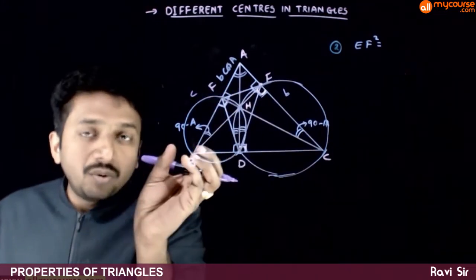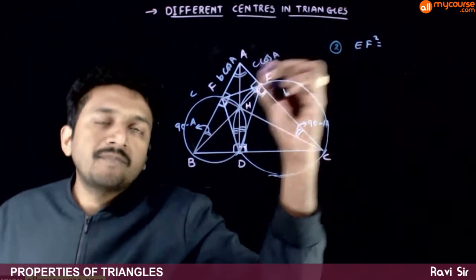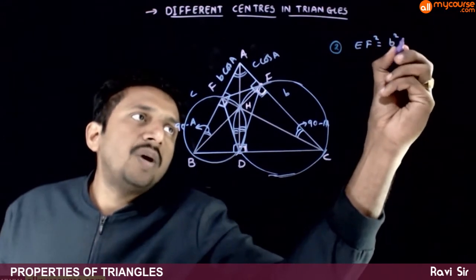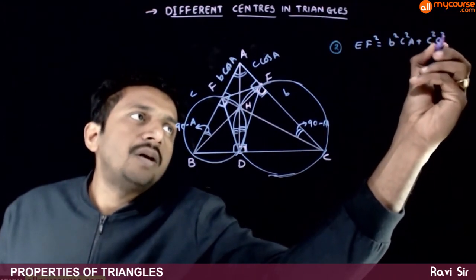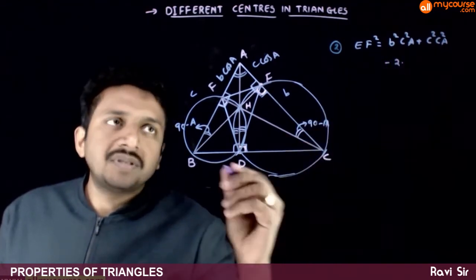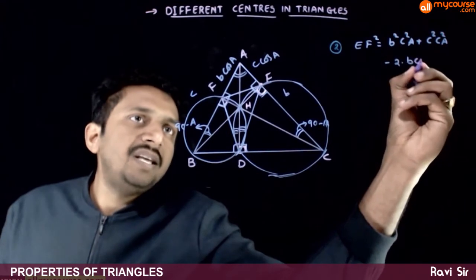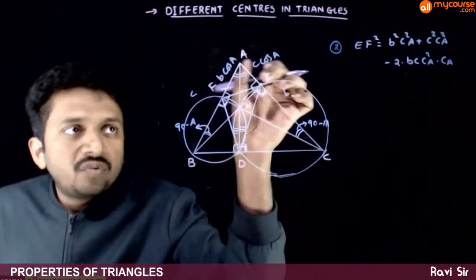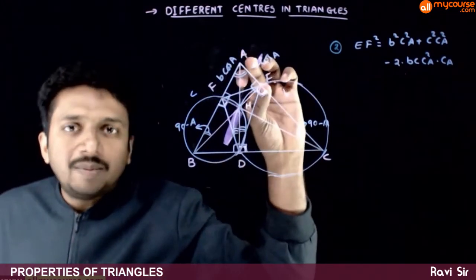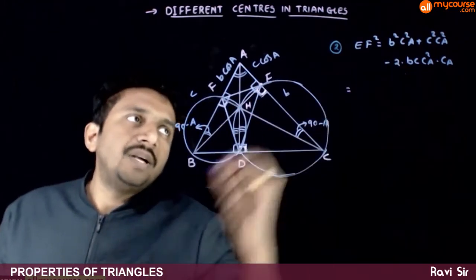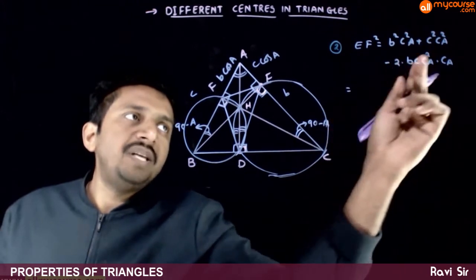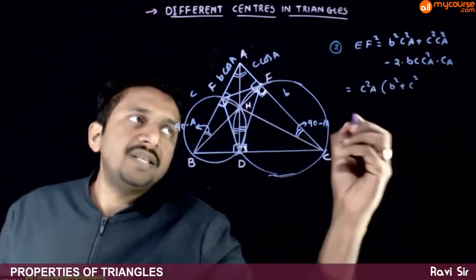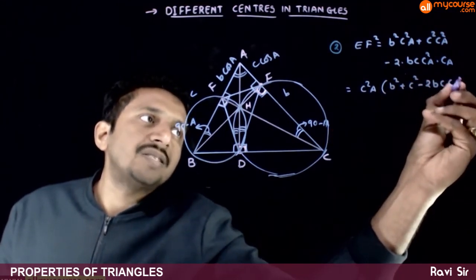AE is, from the projection rule, c cos A. So EF square is equal to b square cos square A plus c square cos square A minus 2 times this side into this side, bc cos square A, times cos A. If you take cos square A as common, you get b square plus c square minus 2bc cos A.